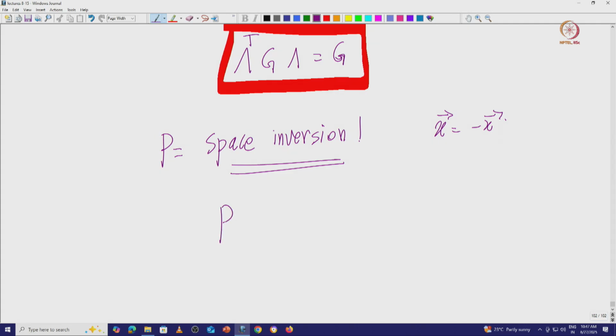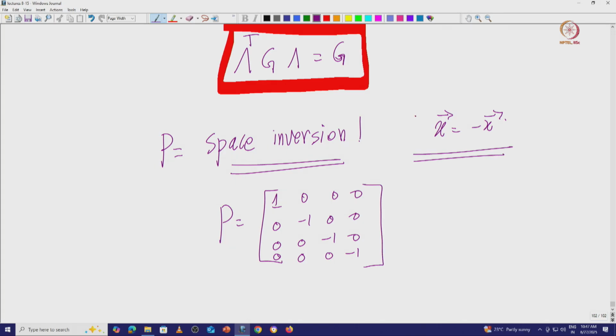This P has a matrix representation: 1 0 0 0, 0 minus 1 0 0, 0 0 minus 1 0, 0 0 0 minus 1. What does P do? P acting on x will take it to minus x. It is nothing but space inversion.